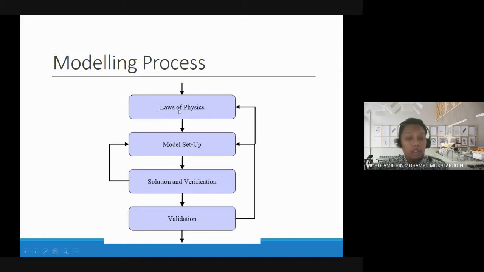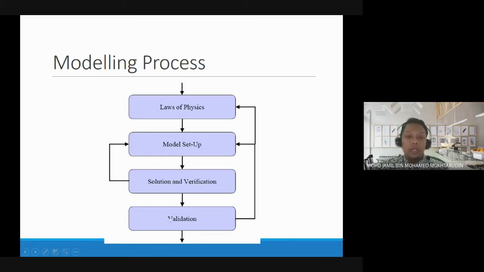And then after we decide on the physics, we set up the model on the software. Sometimes we need to write a code. Sometimes the software already provides you with the code, so you just use the software without the need to write code. And then we solve the model, and then we verify our model whether it's correct or not.